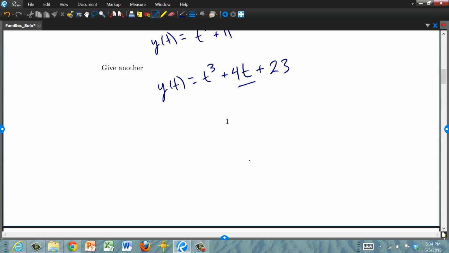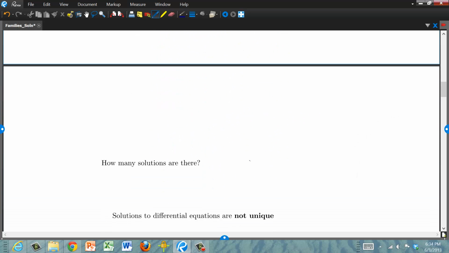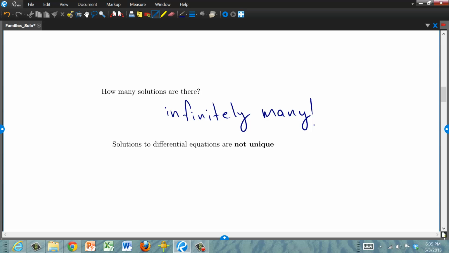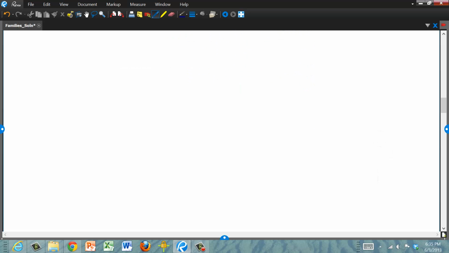So once again, there are infinitely many solutions to the differential equation. So what we should be taking from this is that if someone says solve a differential equation, there are actually infinitely many solutions to a differential equation normally.